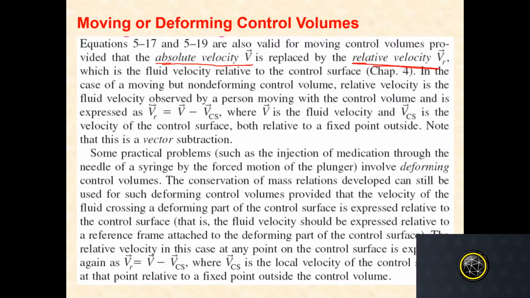This is important, as it makes the calculation much easier. There are several problems and examples in the textbook discussing moving and deforming control volumes. We are going to discuss that in the future in our tutorial classes, in the live sessions, so that it can give you a much clearer view instead of reading from the text.